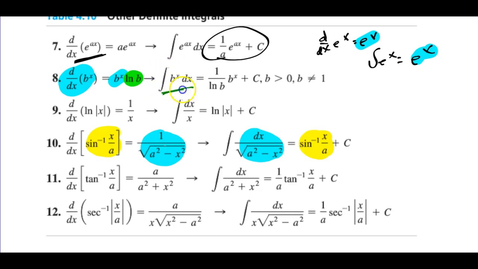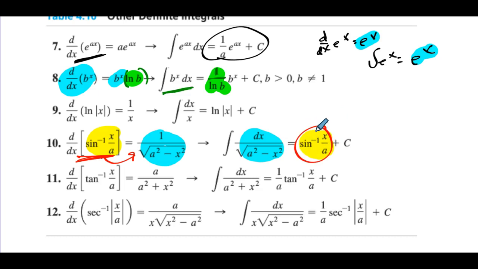So when you integrate b to the x, instead of multiplying by ln b, they're dividing by the ln of b, because the integral is just going to be the inverse of that. I don't know if that makes sense or not. And then we get into these inverses. The derivative of sine inverse is 1 over the square root of a. So the integral of 1 over the square root is just that sine inverse.